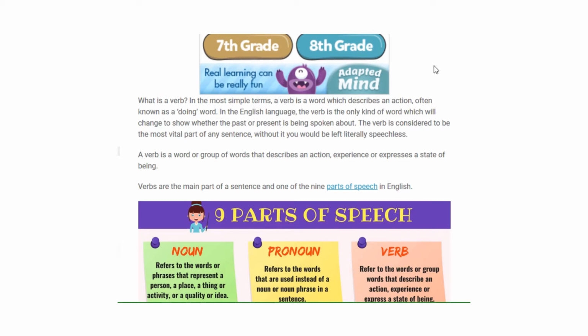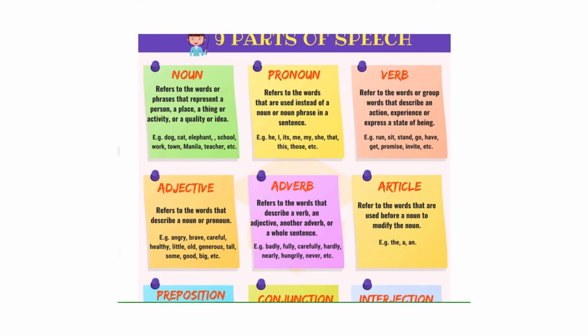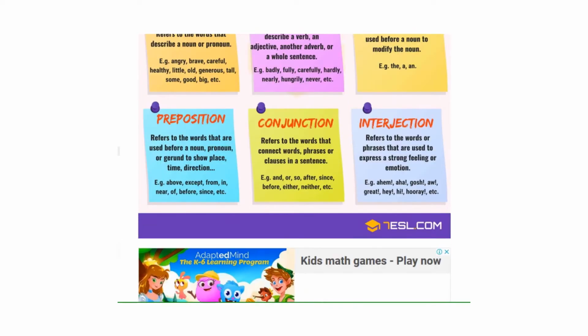So, verbs are the main part of a sentence and one of the 9 parts of speech in English. Of course, as you know, we have seen the parts of speech, and they are noun, pronoun, verb, adjective, adverb, article, preposition, conjunction, and interjection.